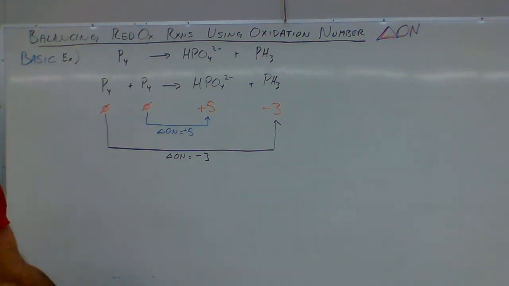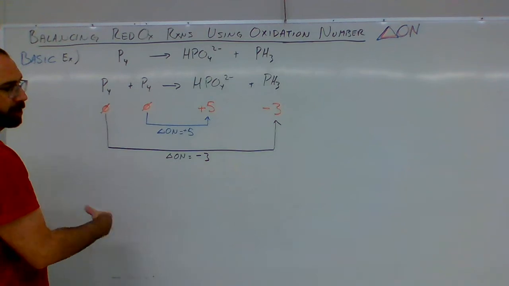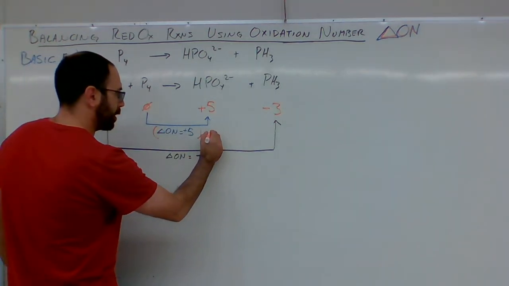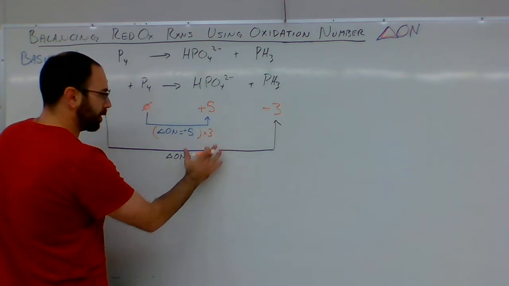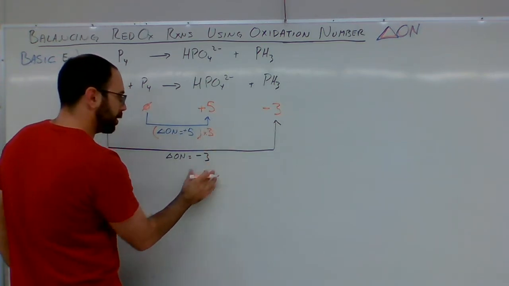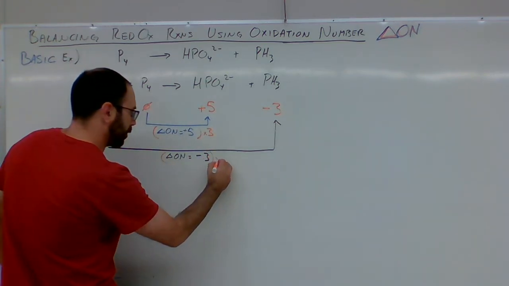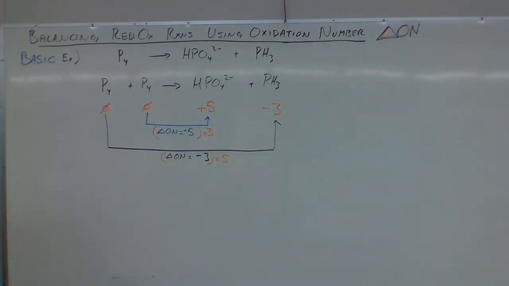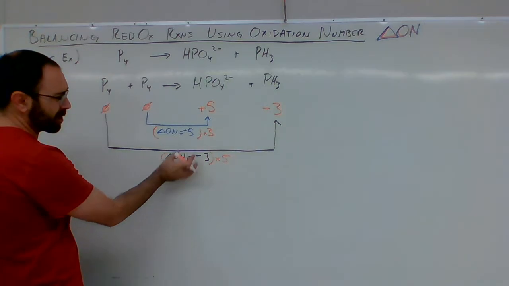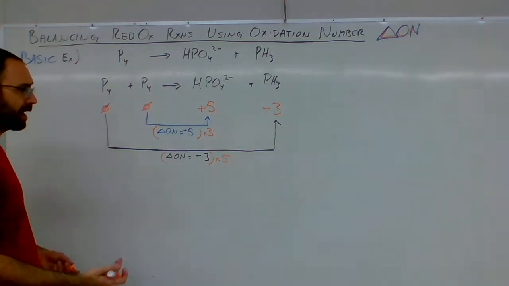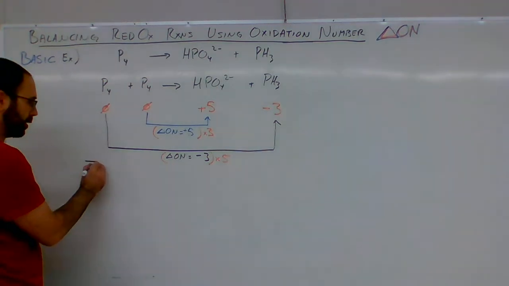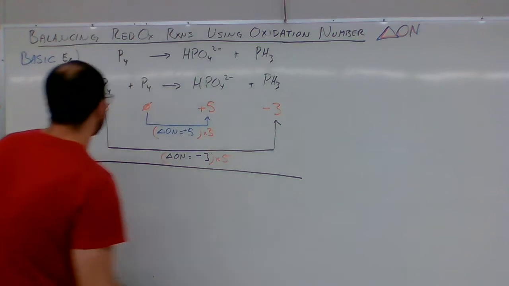A lot of times the easiest way to do it is to multiply this one by the value of this one and multiply this one by the value of the top. Or essentially just looking for that common value, the lowest common multiple. In this case, we're looking at +15 and -15 to cancel those two out. So I want to rewrite this out as an overall.